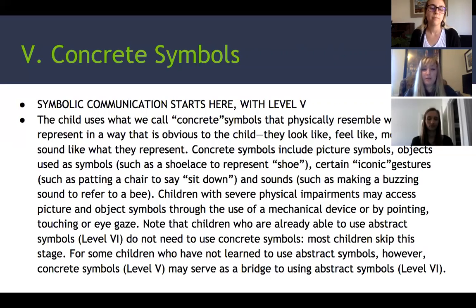Another example could be an actual physical miniature of a toy that they like, or a shoelace to represent a shoe. So either a miniature version or a part of the object that they're requesting, but they have to have that really important concrete understanding that the symbol represents the object.